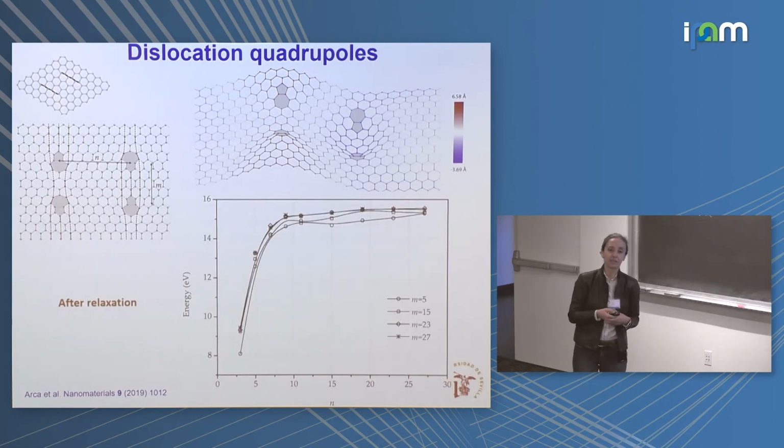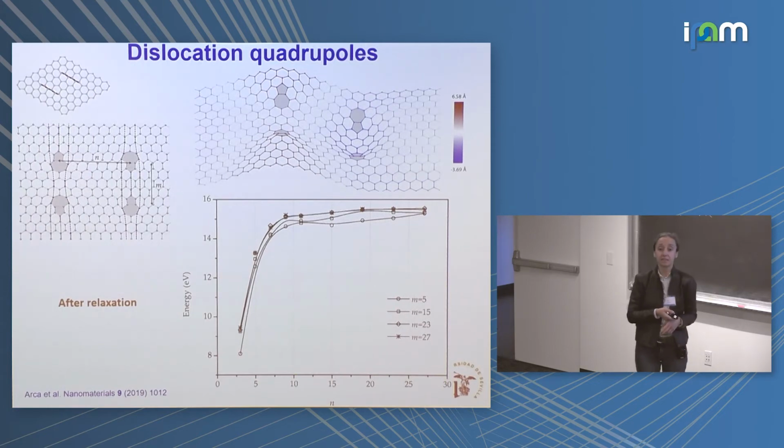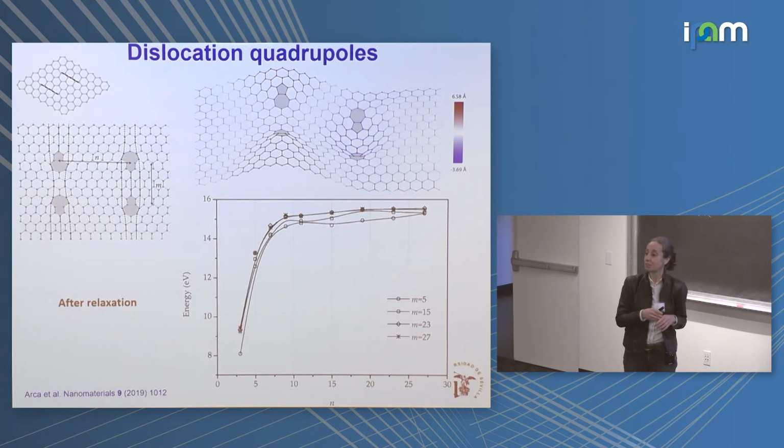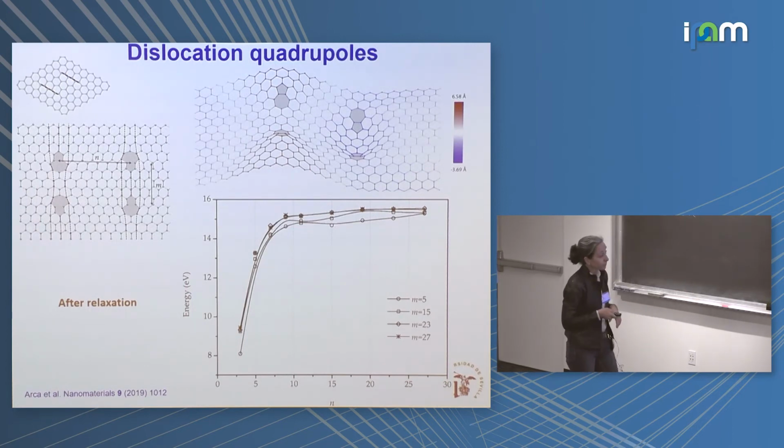Once you relax the lattice, these are the energies that you are going to obtain. All of them the same. They don't depend on m, they only depend on the value of n. Within these values here, the energy is constant, independent of the size, meaning that the defects are point defects. They are isolated. They don't interact with each other.